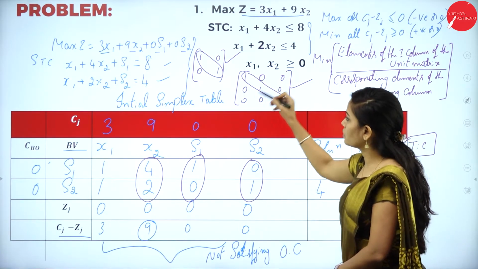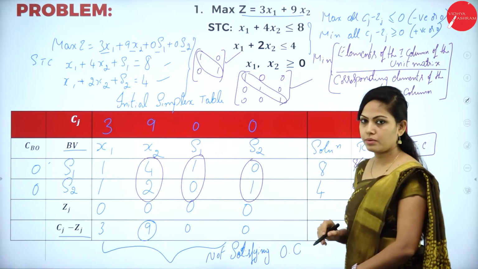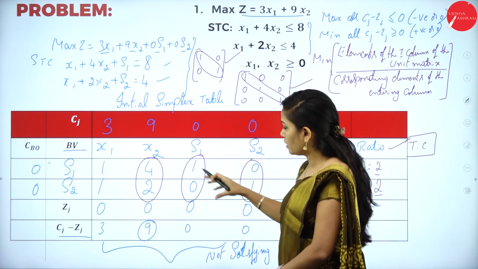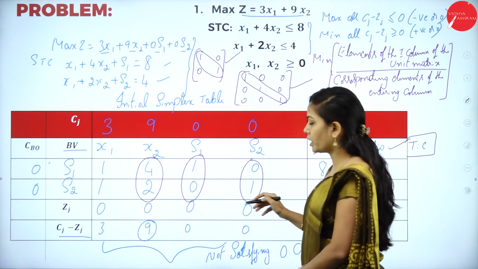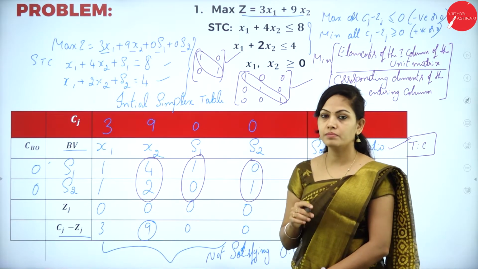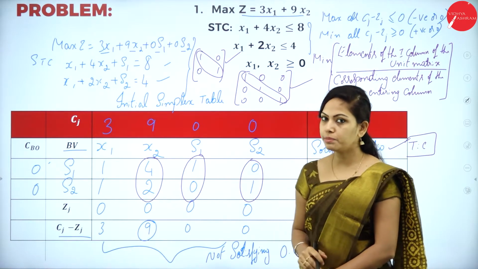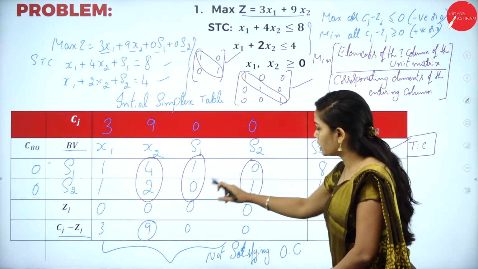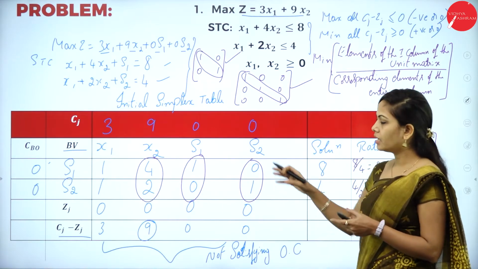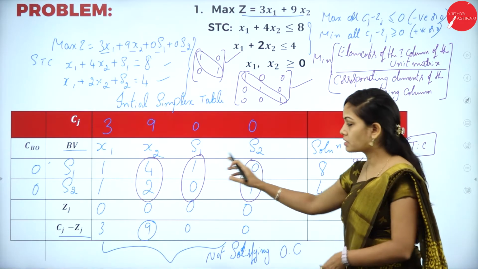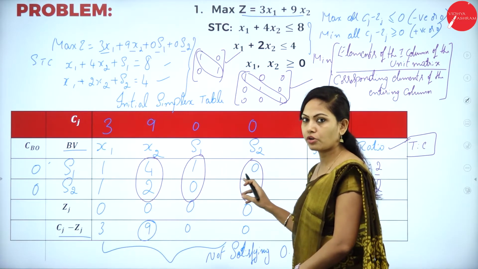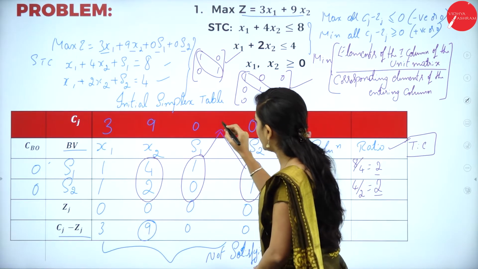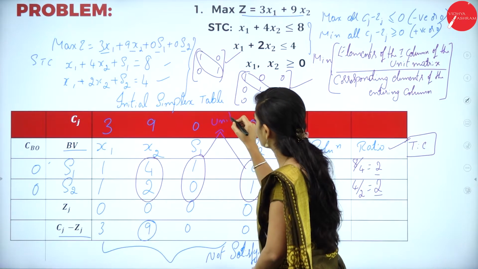So here I get 1 0, 0 1, that means a 2 cross 2 unit matrix. You just select that unit matrix, but this is not a key column. I am selecting only the unit matrix.